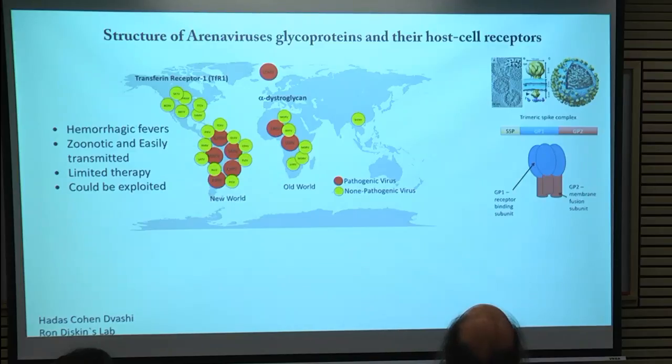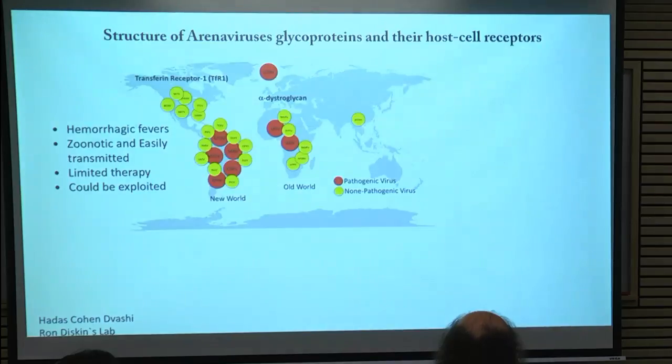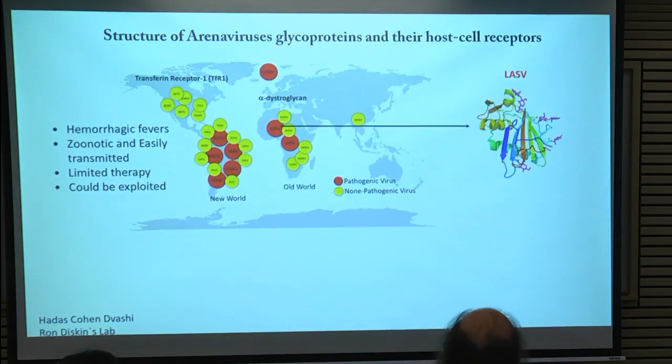The binding subunit is the GP1 from a bigger glycoprotein complex, where GP2 is on the membrane and GP1 is on the surface, and this is what actually binds to the receptor on the human host. We were able to solve a few glycoprotein structures.